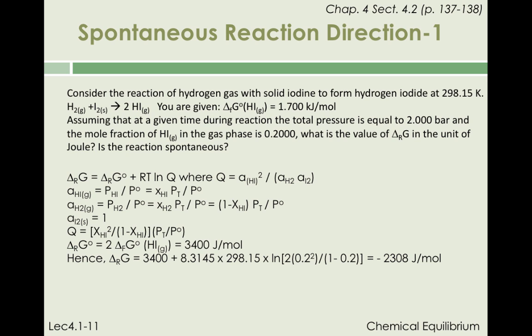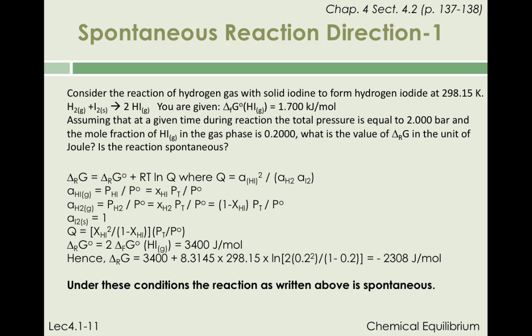Hence, ΔrG equals 3400 joules per mole plus 8.3145 joules per mole per Kelvin times 298.15 Kelvin times the natural log of 2 times 0.2 squared divided by 1 minus 0.2, which leads to ΔrG equals minus 2308 joules per mole.